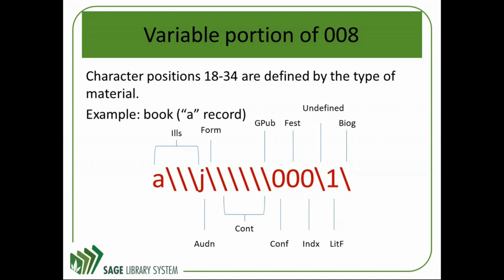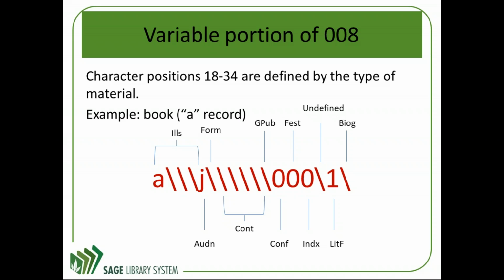So in this case, I've provided an example for a book, for an A record, and the character positions that we're looking at here start with the illustration. So I've used the fixed field codes there to make it easier to think about what you would see in those boxes at the top of the record.